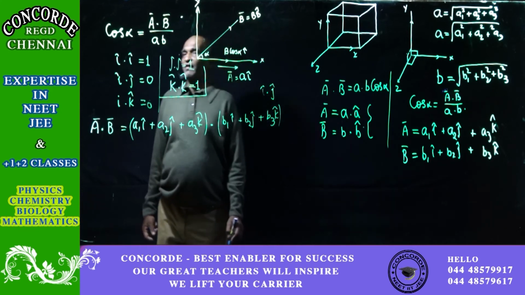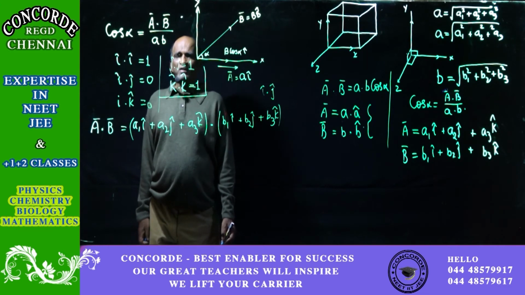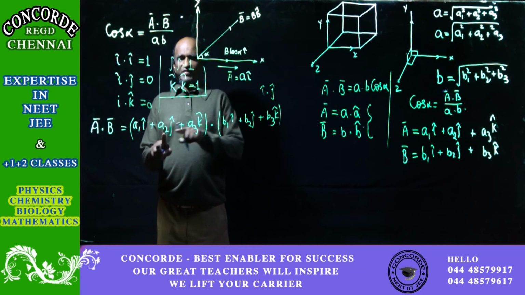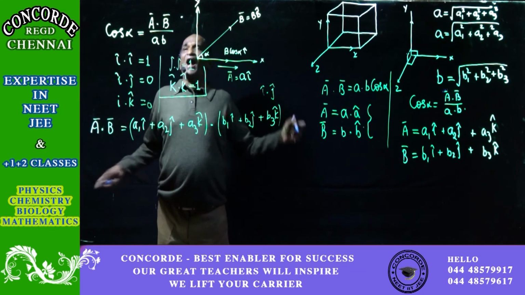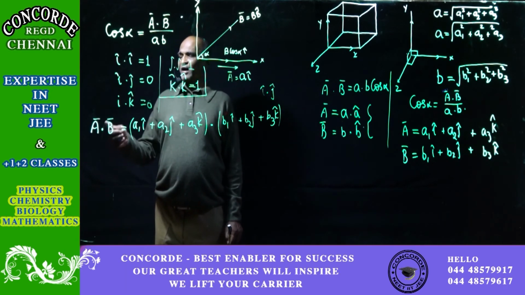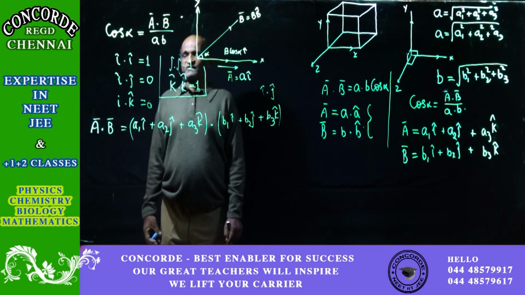You will have to multiply. This multiplication is as usual that we have in algebra. This term multiplied to all the three terms, then this term multiplied to all the three, and this term multiplied to all the three. Add up everything. That is going to be the result of A bar dot B bar, which is in reality the dot product.